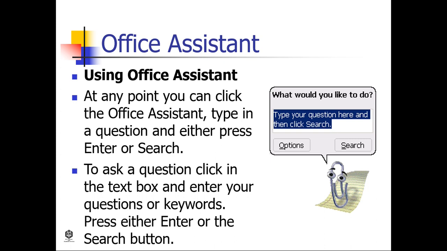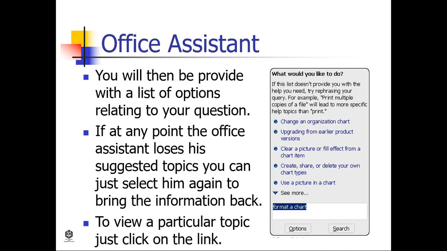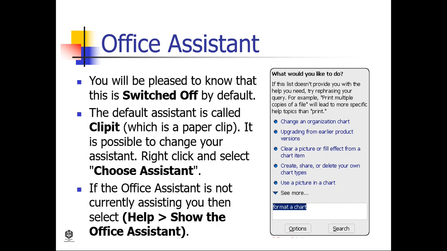To ask a question, click in the text box and enter your keywords or questions. Press either Enter or the Search button. You will then be provided with a list of options relating to your question. If at any point the Office Assistant loses its suggested topics, you can just select it again to bring the information back. To view a particular topic, just click on the link.